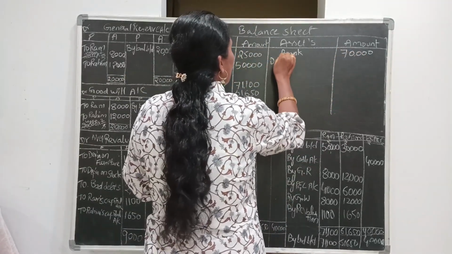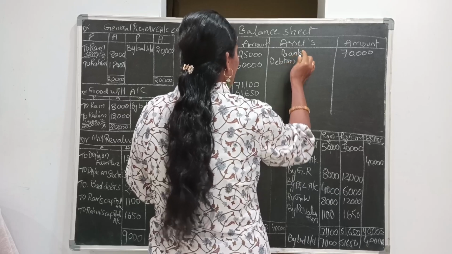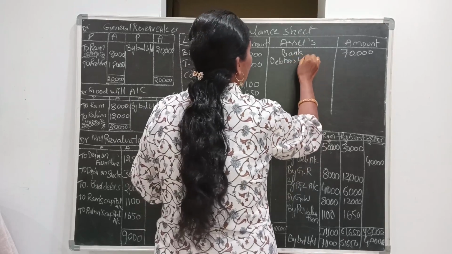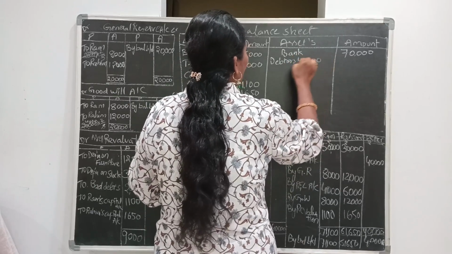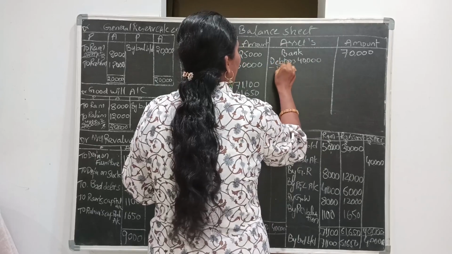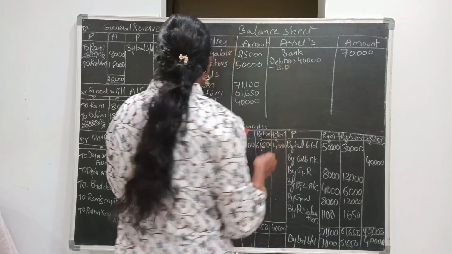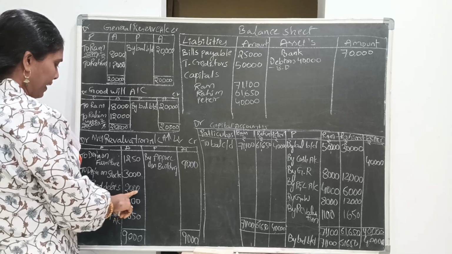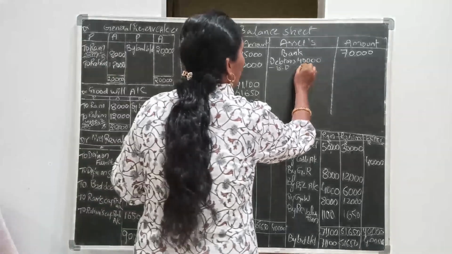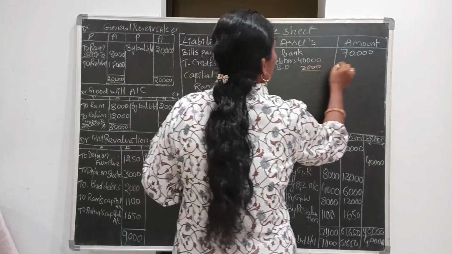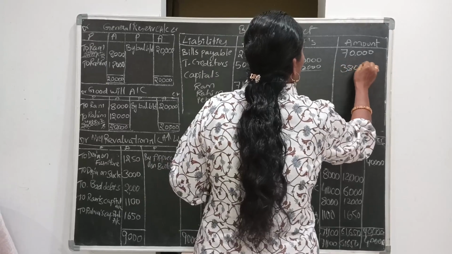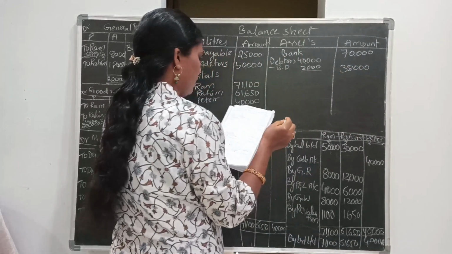Then debtors. What is the debtors amount? 40,000. So minus bad debt. What is the amount of bad debts? 2,000. So 38,000 is the debtors amount.